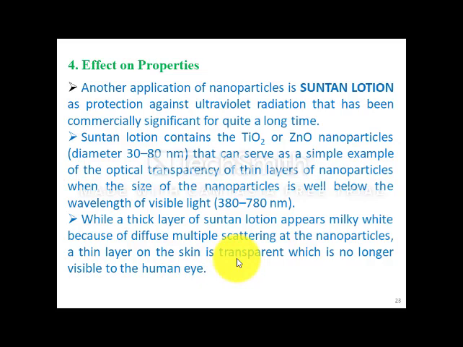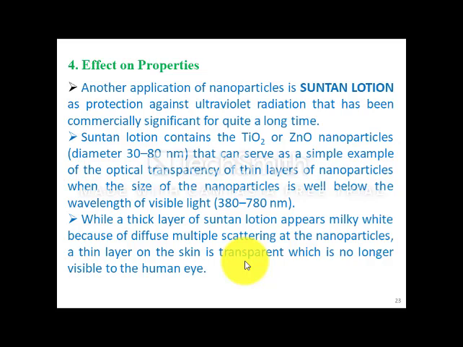So if we use a very thin layer of sunscreen lotion on our face or on our skin, it is transparent and cannot be observed by the human eye. This is why we can use a very thin transparent layer of sunscreen lotion, which is milky white when it is a thick layer, but becomes transparent when it is a thin layer.